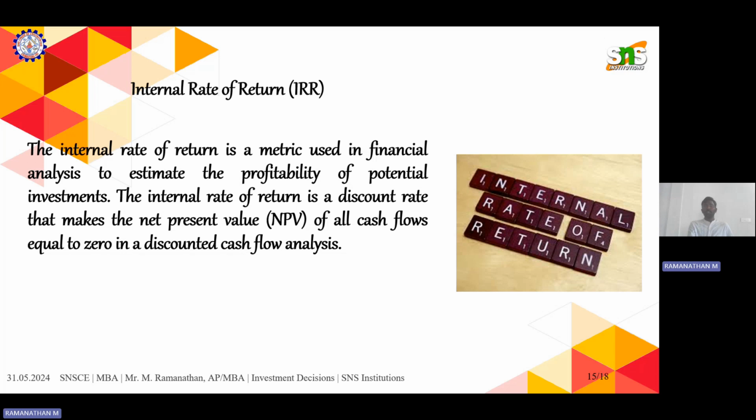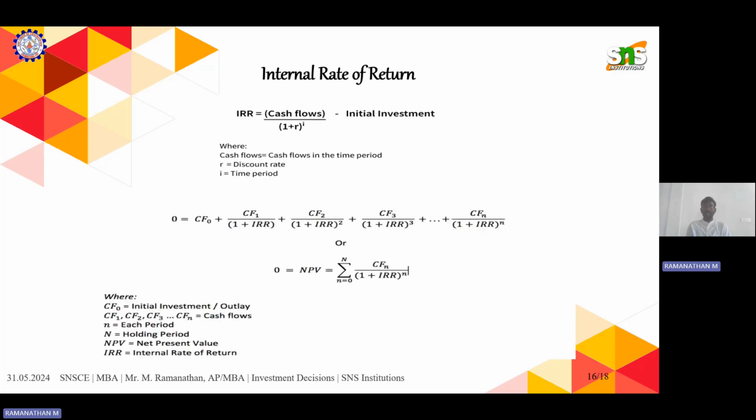So what is the formula, or how can we calculate IRR? It is by using the trial and error method. In IRR, we consider the time value of money, so we use future cash flows, and from the future cash flows we calculate the present cash flows.